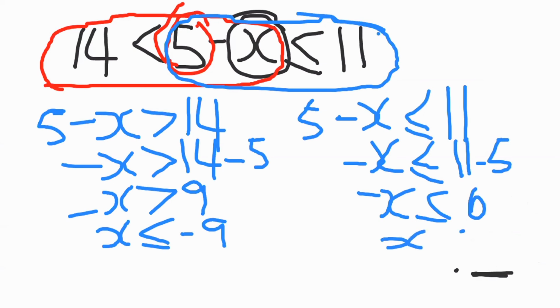So x negative 6. And then you join them, join the negative 9 and the negative 6 with the inequality sign and x.